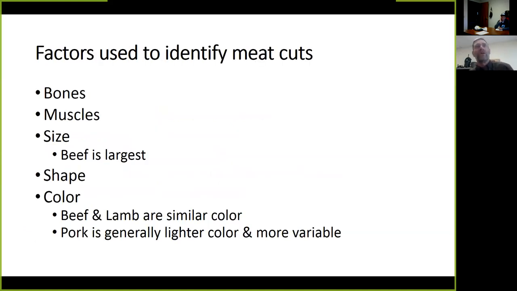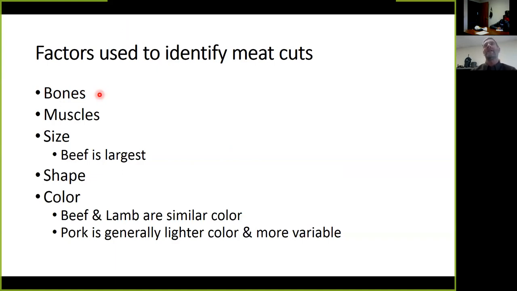Okay, so this slide I think is really important. And I'd like you to write down these 5 major factors that we use to identify meat cuts. So first is bones, and I think bones are the most important.